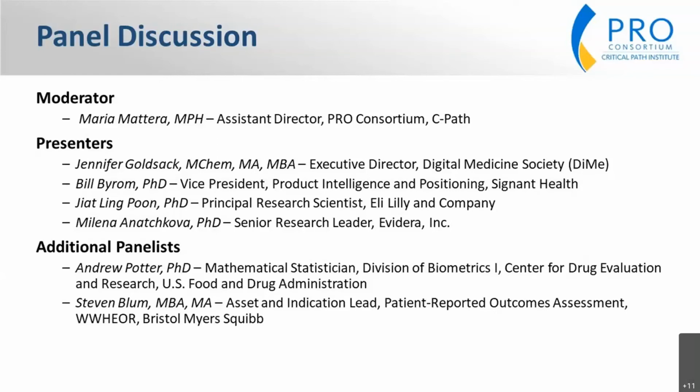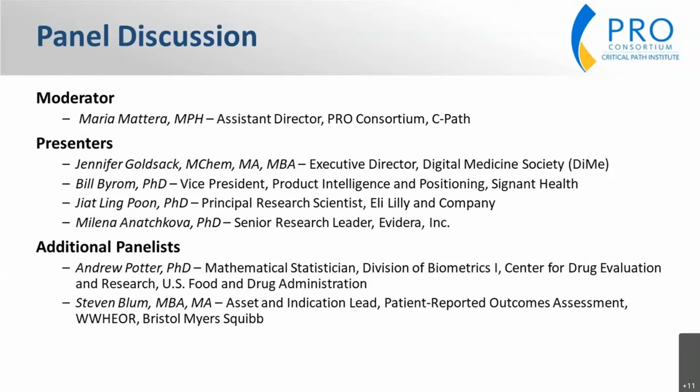When you're thinking about your endpoints, think about things that are going to be meaningful to the population that you're studying. Also think about a holistic approach in how the digital health outcomes can complement your other COA measures as part of a comprehensive measurement strategy. So for me, the question is, when should you use a digital health outcome versus a COA measure?